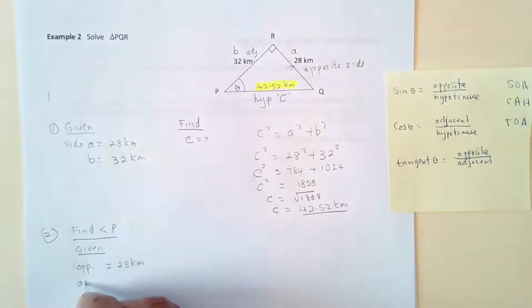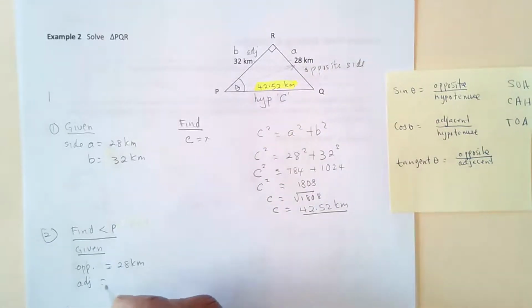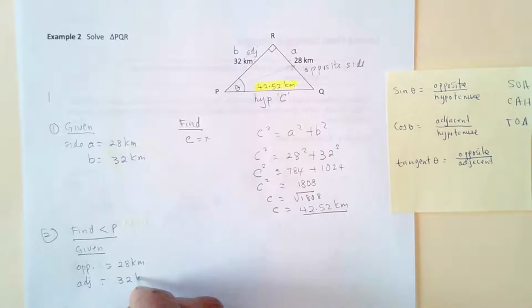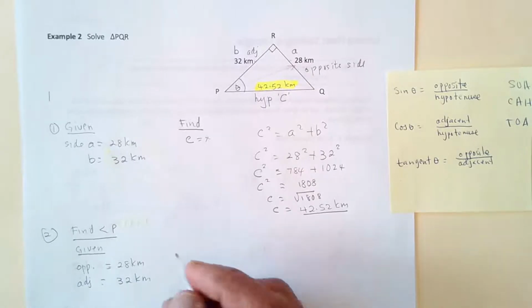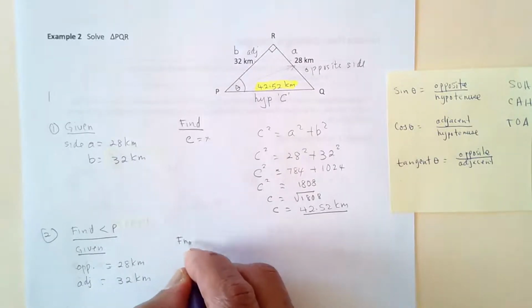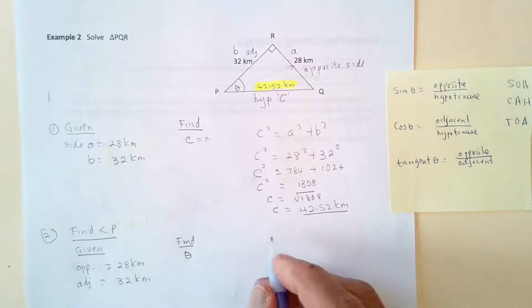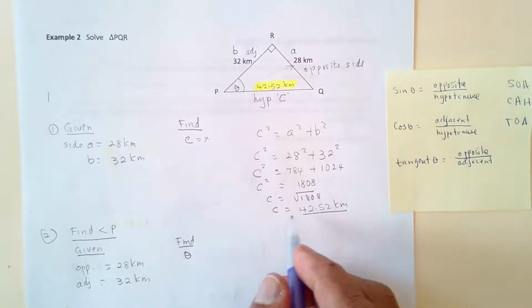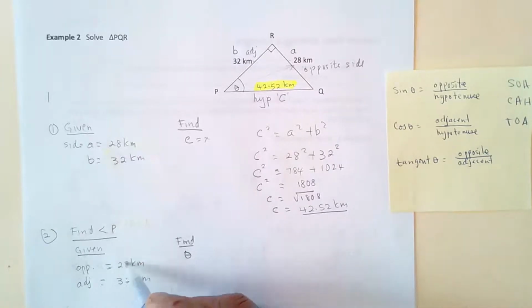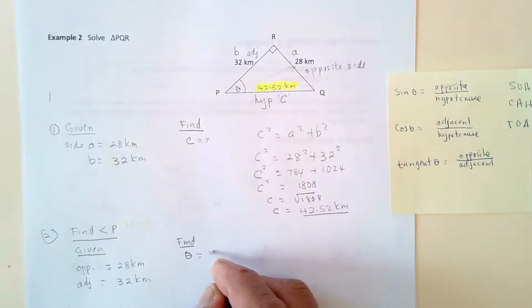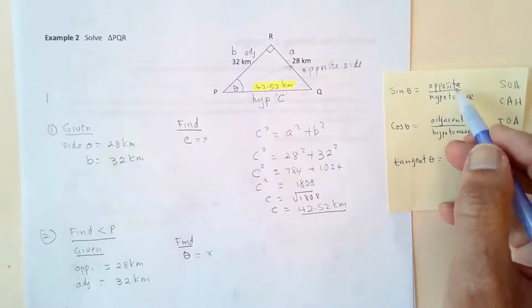So we have adjacent will be equal to 32. And we have to find theta. So we'll use what's given to find the match on our trig ratios here.